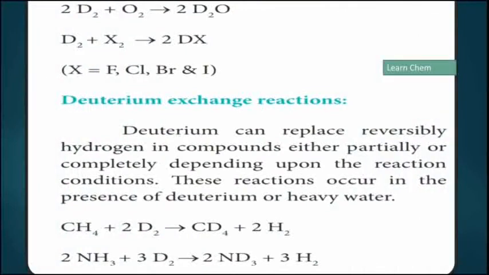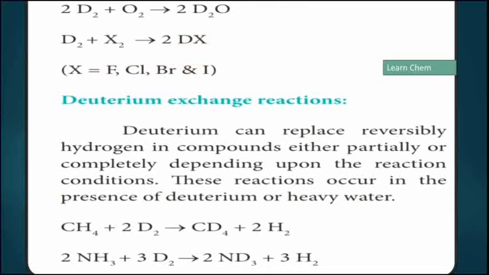Next, reactions of deuterium. Like hydrogen, deuterium can also combine with oxygen to form D2O, that is heavy water. Like hydrogen, deuterium also combines with halogens to form deuterohalides, DX.